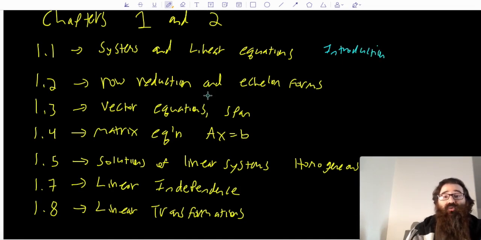And 1.2 sort of follows suit with that. Very important for us to understand what it means to be in that fully reduced row echelon form. And when we're talking about solving or working with matrices, I really want to encourage you to always go that extra step to find that fully reduced row echelon form.